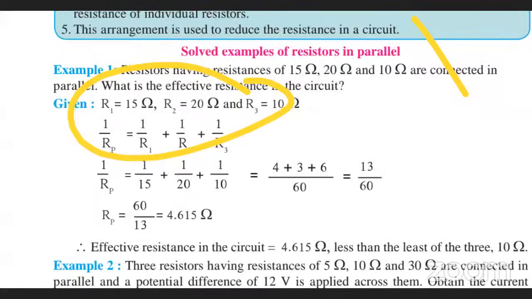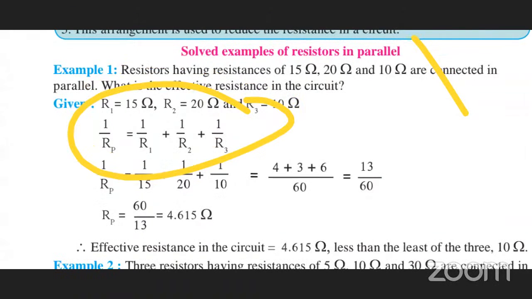Any doubt here? Okay, so we have completed this chapter.